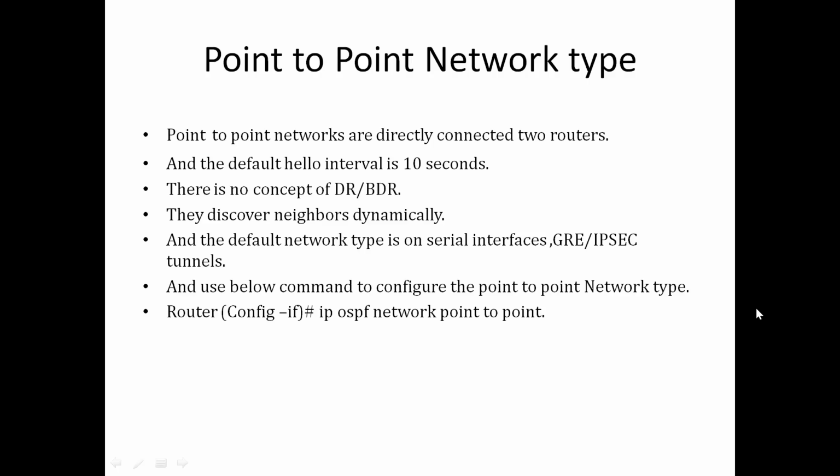They discover neighbors dynamically, and the default network type is on serial interfaces if we take a physical interface, and GRE and IPsec tunnels for virtual. The below command is used to configure the point-to-point network type. Go to conf t, go to the interface serial, give ip ospf network point-to-point.